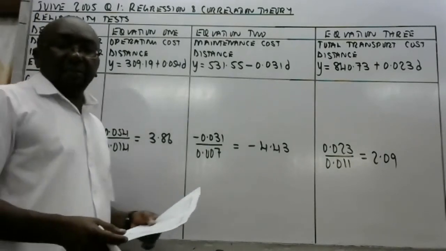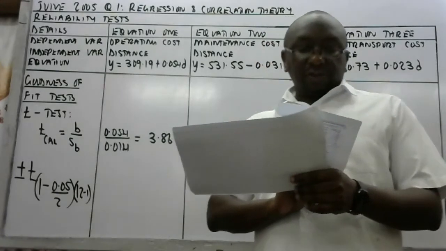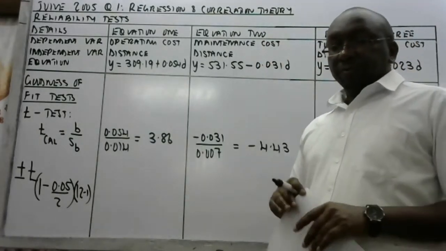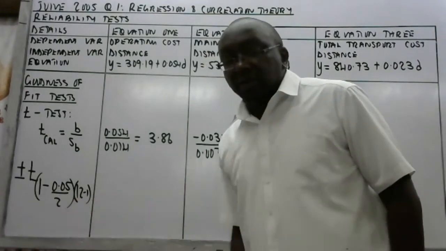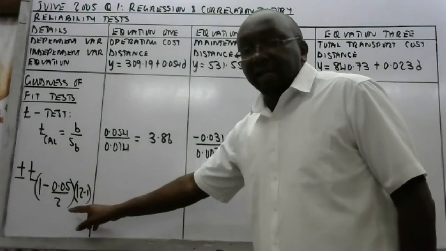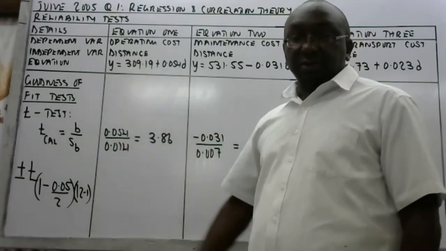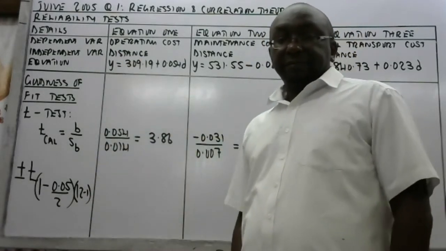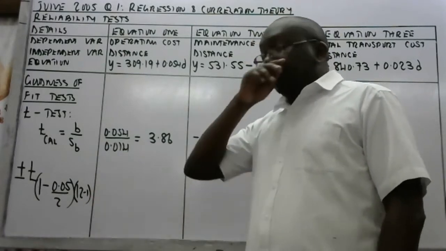So go to your t tables. Your t tables will give this value at t 0.975 and 11 degrees. 12 is the number of observations. There were 12 months.